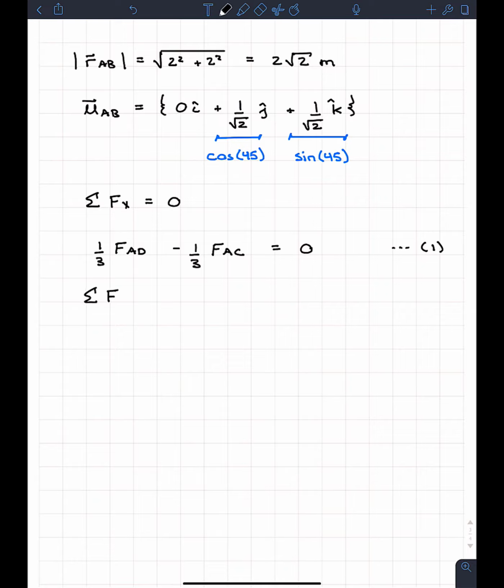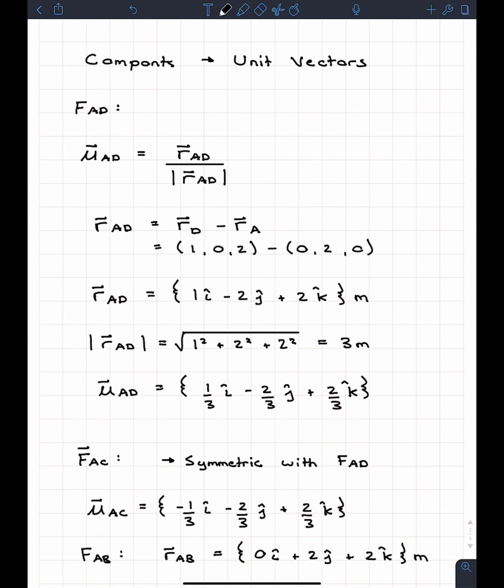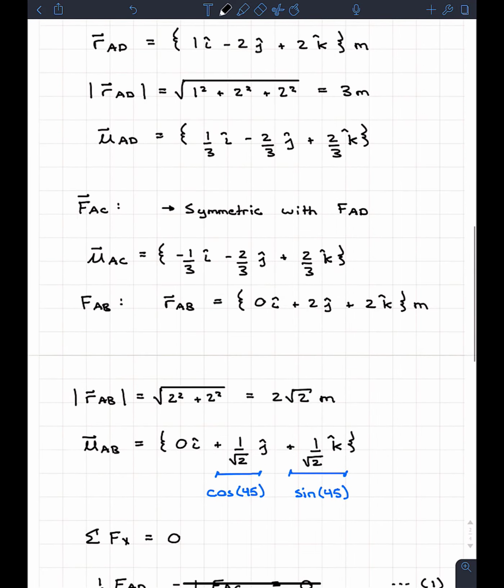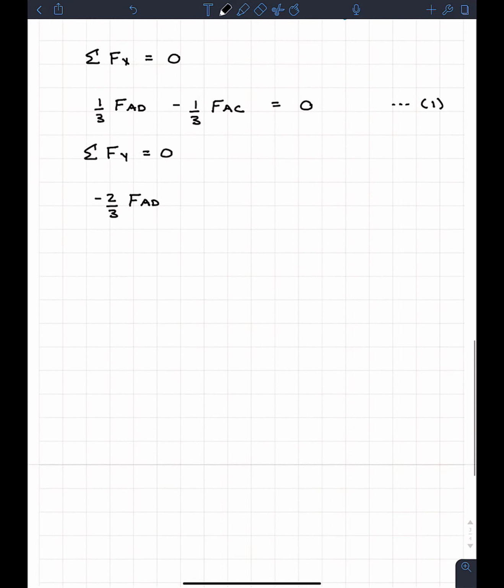So the sum of the forces in the y direction is also equal to 0. Let's go up to the unit vector and see what we see. For UAD, for the j component, we get negative 2/3, so negative 2/3 FAD. And I believe it's the exact same for FAC, which it is, negative 2/3. So minus 2/3 of FAC.